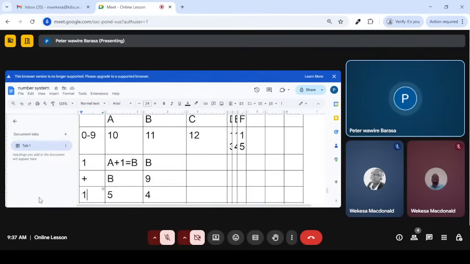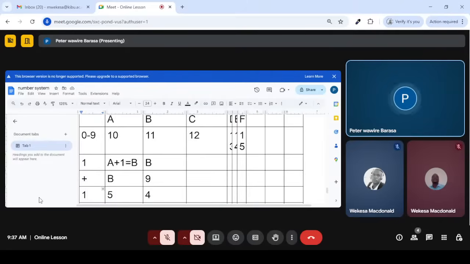The most important thing, just know that base 8 does not have 8. It goes from 0 to 7. Then hexadecimal is base 16. It runs from 0 to 15. It has not reached 16, but it's base 16.